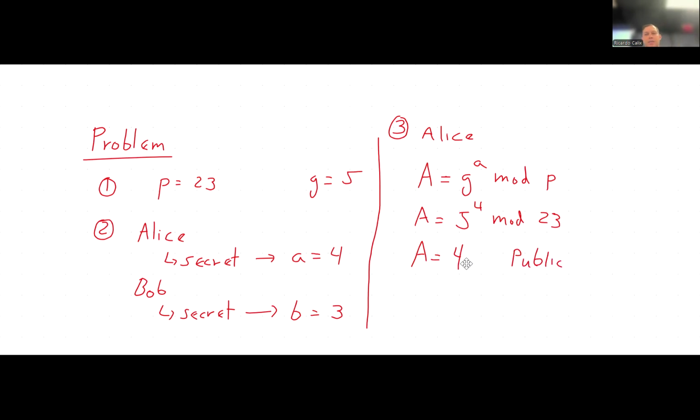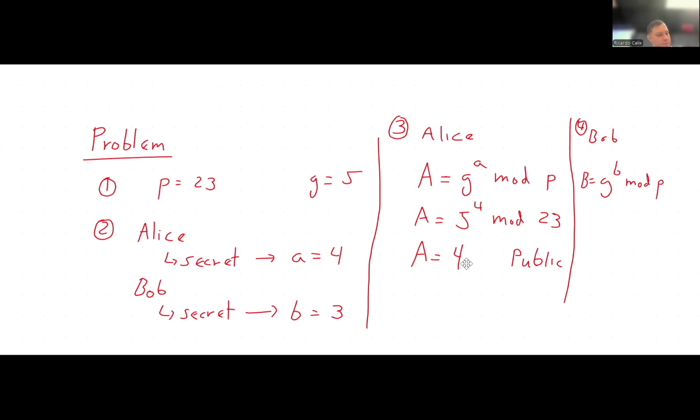Now, Bob, on his end, will do the same. He needs a public key, B, which is going to be G to the B mod P. So then you do this calculation here.